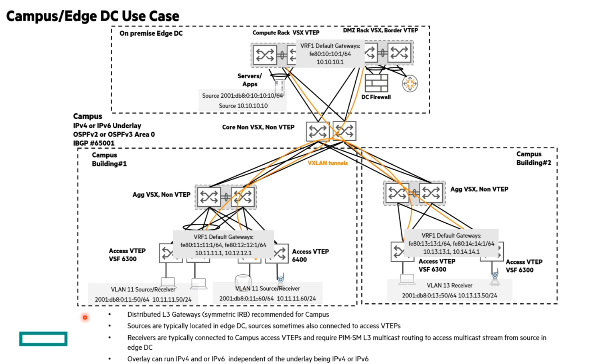For example, in VLAN 11, here in campus building 1, we have VLAN 11 across the campus, across different VTEPs, i.e. with the 6400 acting as an access VTEP and the 6300 here also acting as a campus VTEP. And you can see we've got VLAN 11 here on both these access VTEPs.